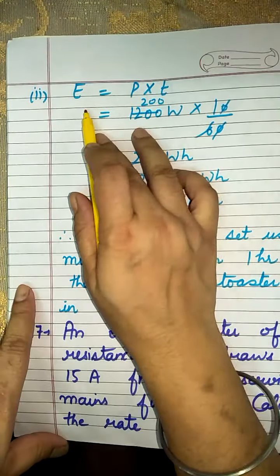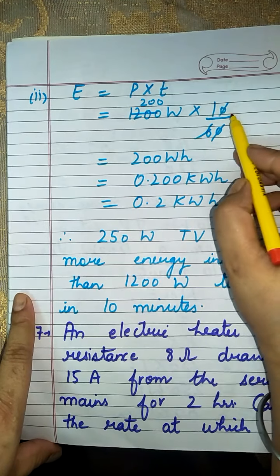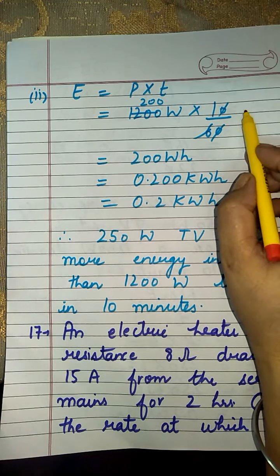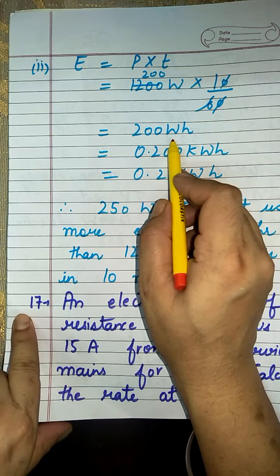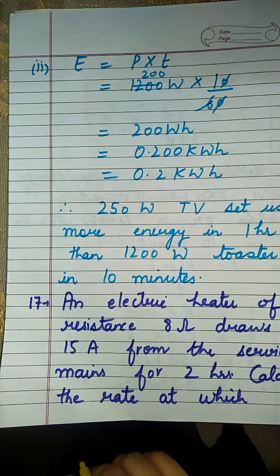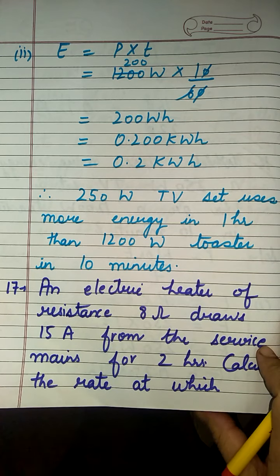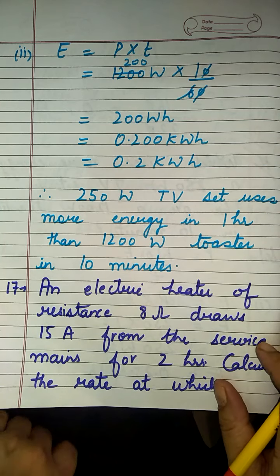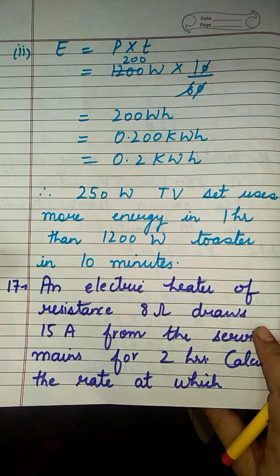Similarly, for second part, power into time, power is 1200 watt multiplied by 10 minutes. 10 minutes divided by 60, because we have to convert into hour, it will come out to be 200 watt hour. Fine. So if you want to convert in kilo, it will be 0.2 kilowatt hour. So you can easily write 250 watt TV set uses more energy in 1 hour than 1200 watt toaster in 10 minutes.